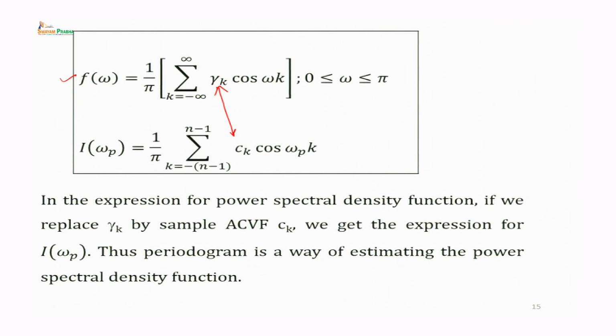Of course, now the range of the summation is from minus n minus 1 to n minus 1, the entire range of the sample. So, this I omega p provides you an estimate of f omega.